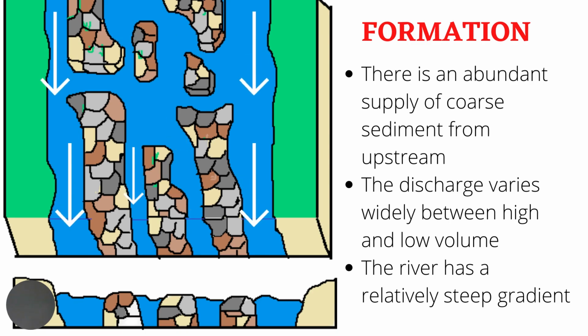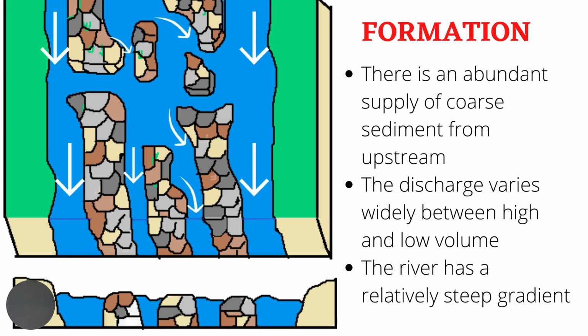So under what conditions do braided channels form? They form when there is an abundant supply of coarse sediment from upstream. They form where the discharge varies from one season to another.